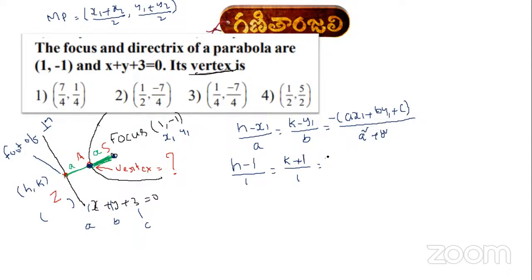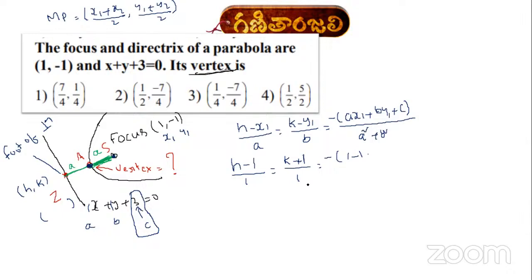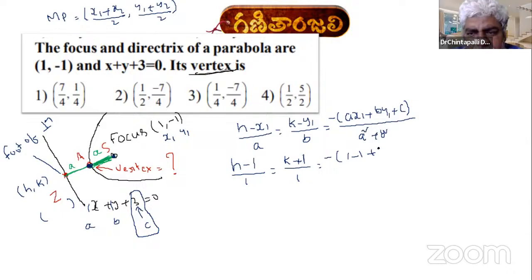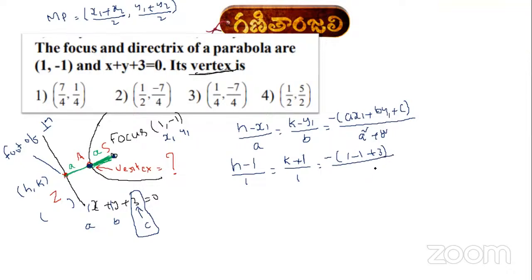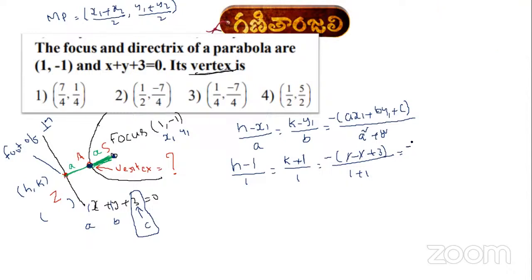Here a x1 is 1 into 1, which is 1. 1 minus 1, and c here is 3. Whole by a square plus b square, which is 1 plus 1, that is 2. Now simplify: negative of (1 minus 1 plus 3), the 1s cancel, giving negative 3 by 2.